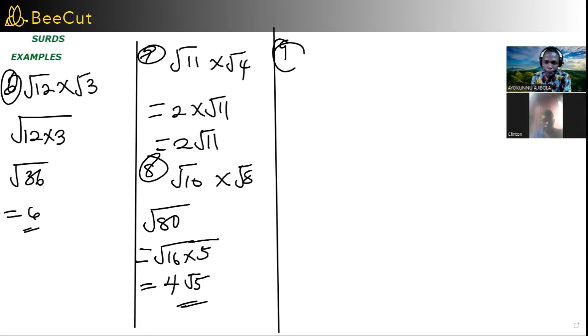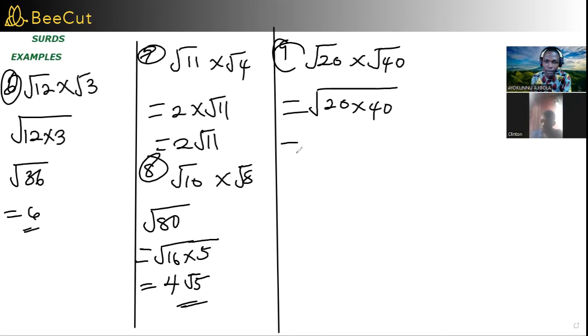For number 9, I have root 20 times root 40. It's going to be root 800. So how do you split this?